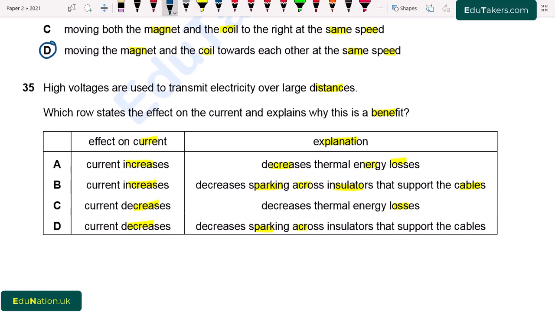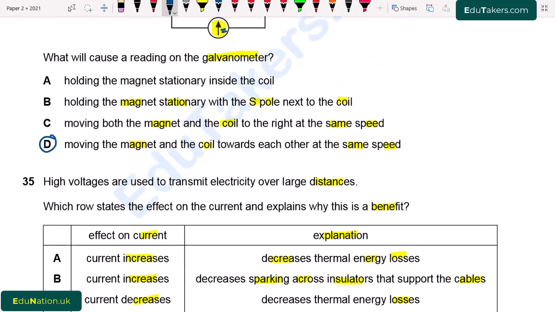So first of all, here we have to decrease the power loss. When high voltages are used, the current will be smaller, because P is equal to IV and also P is equal to I squared R. When voltage is high, then the current will be small.